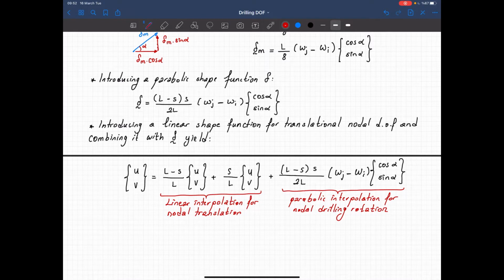Now let's try to write the same thing for a quadrilateral element. How can I extend this interpolation? Let me rewrite it.